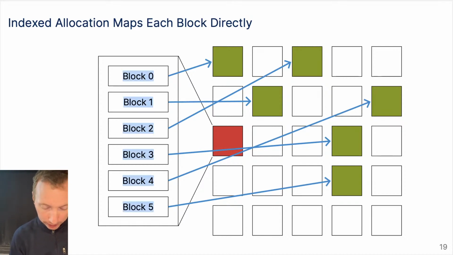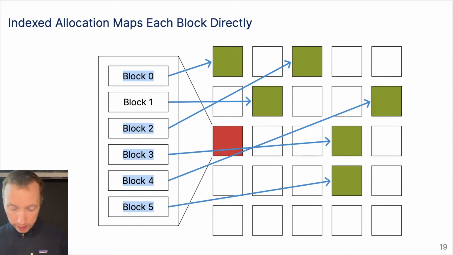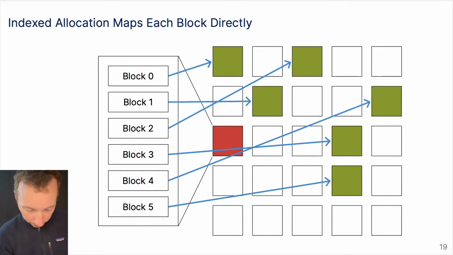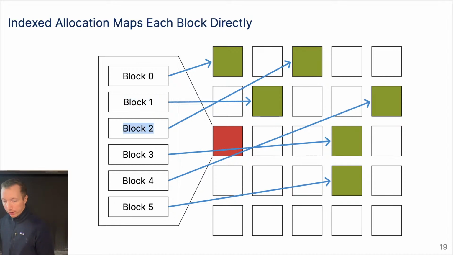So if our file takes 6 blocks here, well, we just look them up directly. So block 0 would point to block 0 on the device. Block 1 of the file would point to block 6 on the device. And then block 2 of the file would point to block 2 on the device, etc. So that's going to be way faster. That's an array. We got all our nice random accesses.